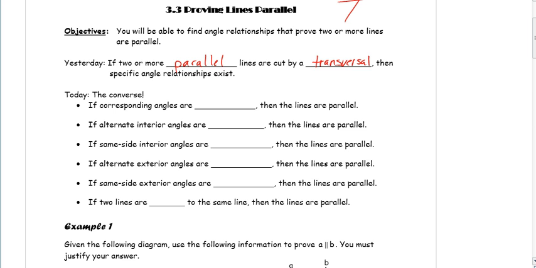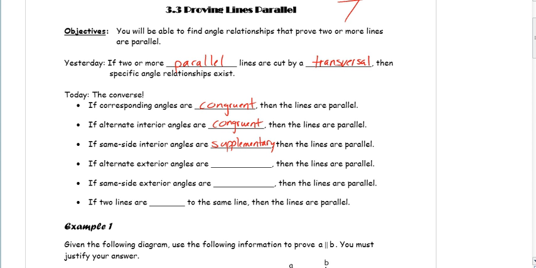So what we're going to say today is that if corresponding angles are congruent, then the lines are parallel. If alternate interior angles are congruent, then the lines are parallel. If same side interior angles are supplementary, then the lines are parallel.